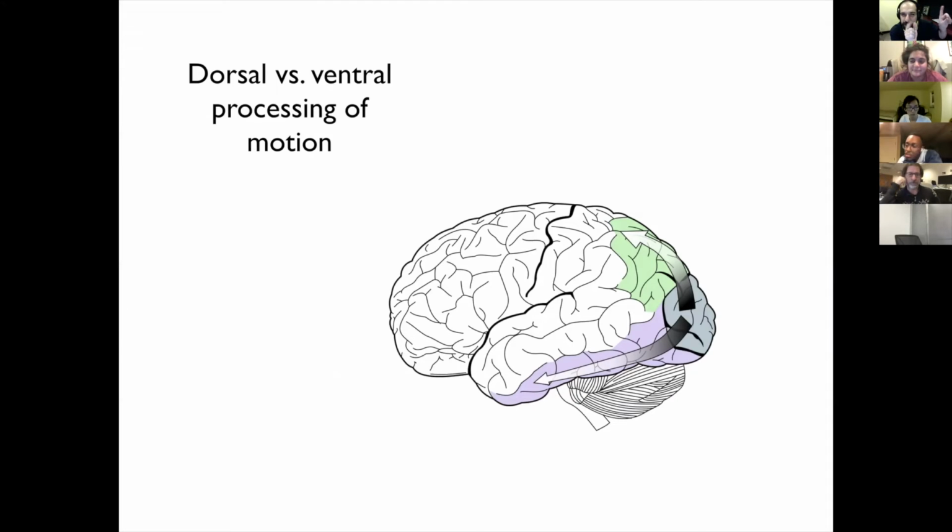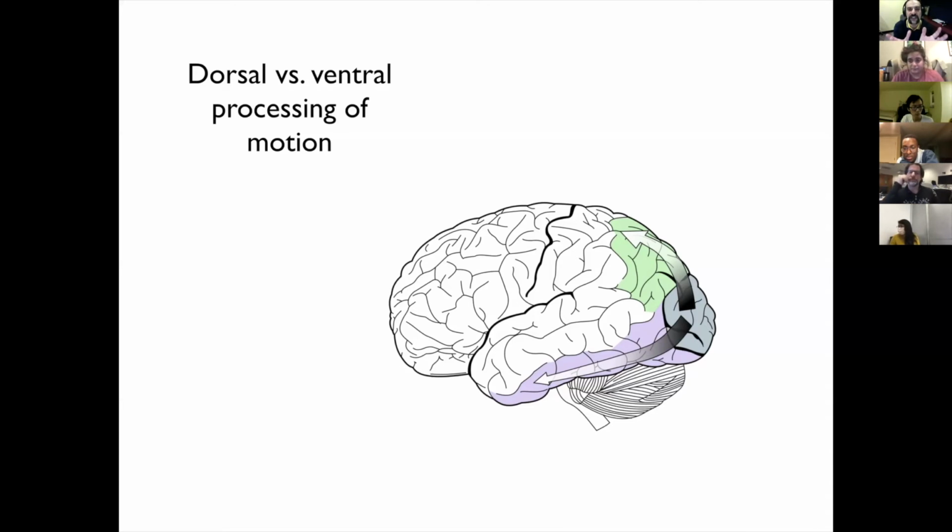If something moves here and you turn your eyes there quickly, that reflex is happening in the brain stem, and we don't have time to talk much about that. But as far as the cortical processing of motion is concerned, there are two main pathways of processing in vision in general: the dorsal pathway and the ventral pathway.